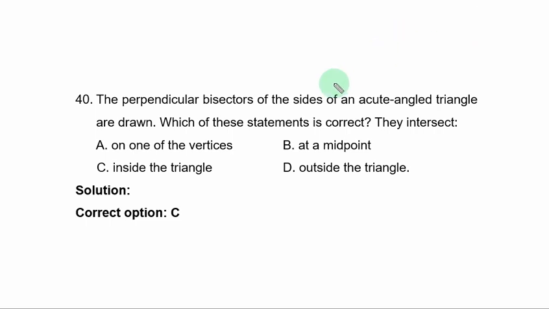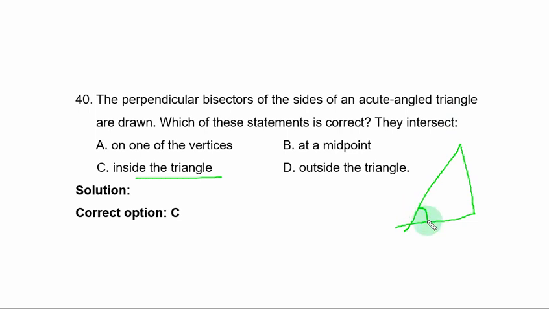Question 40. The perpendicular bisectors of the sides of an acute angled triangle are drawn. Which of these statements is correct? They intersect inside the triangle. This is an acute triangle, so something like this.